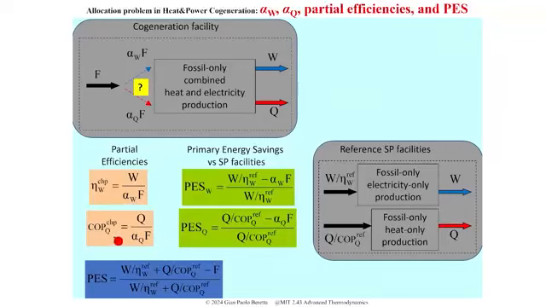You need essentially the COP for the heat, the efficiency. You need this to know this denominator: how much of the fuel which has been used in the cogeneration facility has to be assigned to the production of heat.